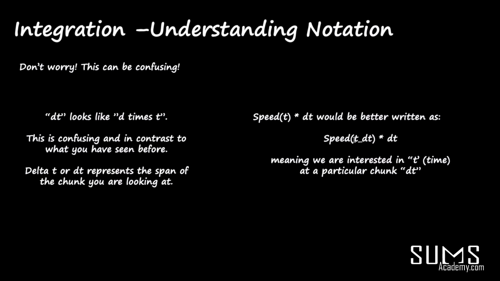We're interested in the time at this chunk, and we're interested in the speed, which is given by the time, times the time that it happened. Don't worry if you don't understand that right away. You might have to watch this a few times, digest it, read some other things, but that is the general idea of all the notation.